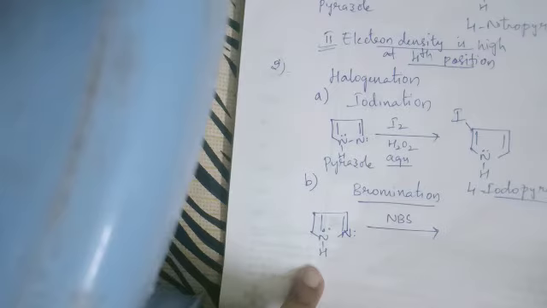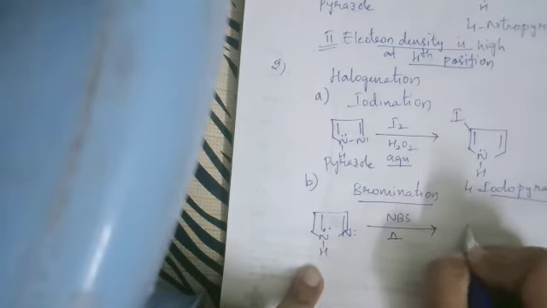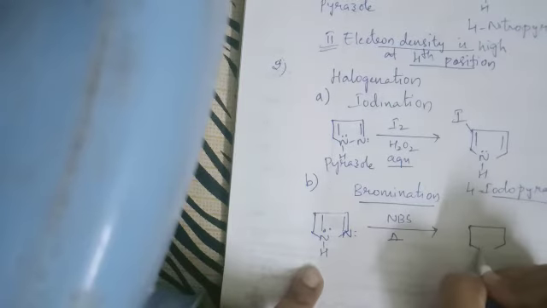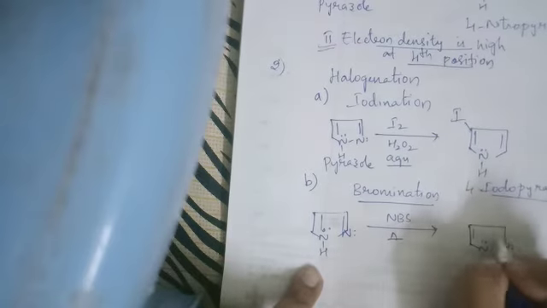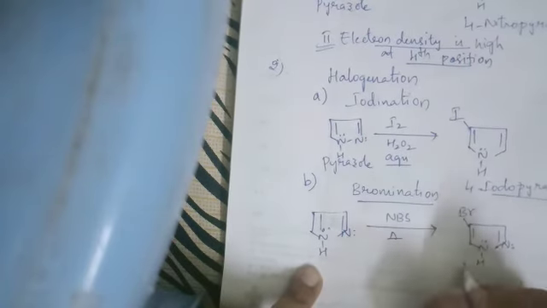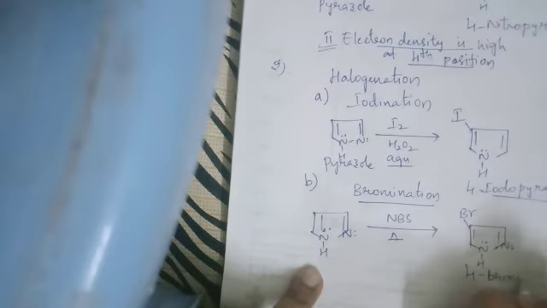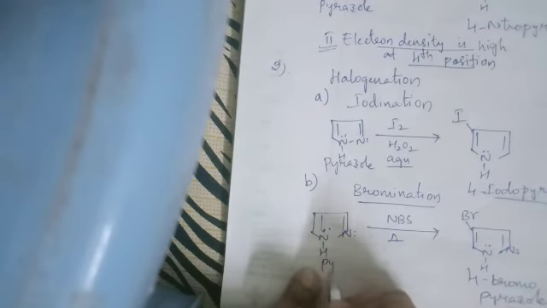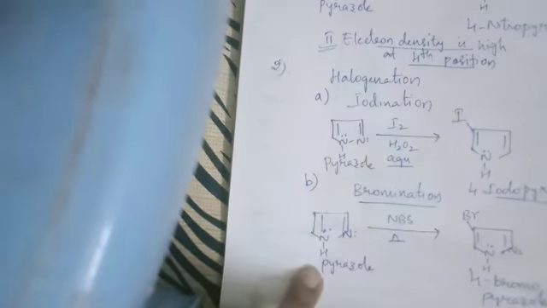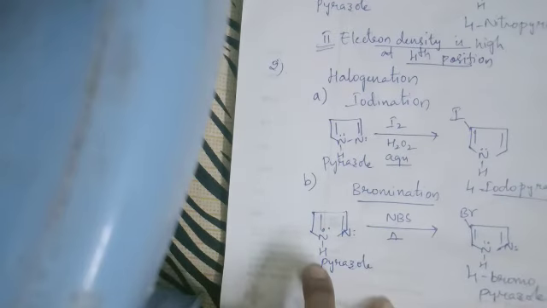This is the brominating agent, and in the presence of heat, we need to heat it, and the product obtained is simple, same, 4-bromo pyrazole. Pyrazole reacts with N-bromosuccinamide under heated temperature. When a certain temperature is given, the product obtained is 4-bromo pyrazole.